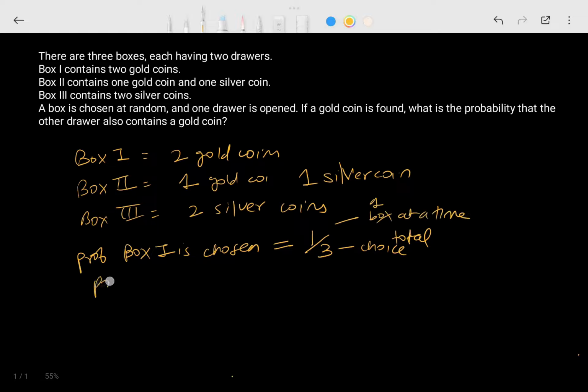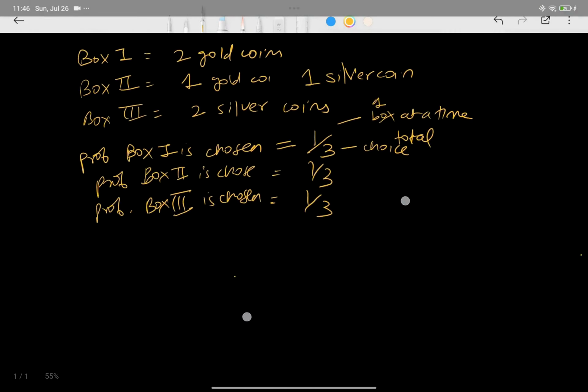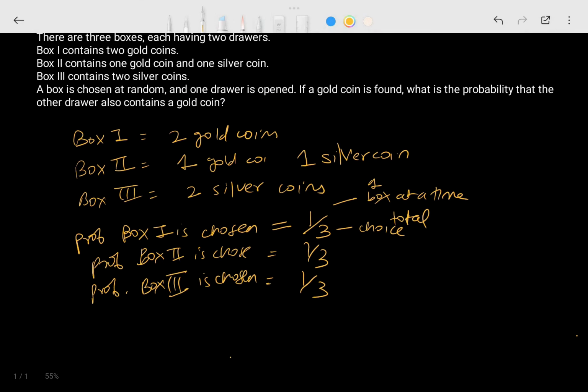So what is the probability of box 2 being chosen? Again, 1 by 3. And for similar reasons, what is the probability of box 3 being chosen? Again, 1 by 3. You would often see that the formulas include E1, E2, E3.